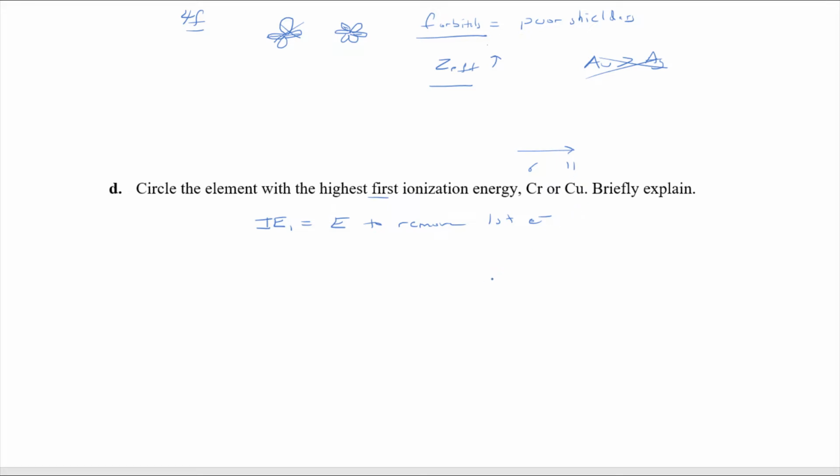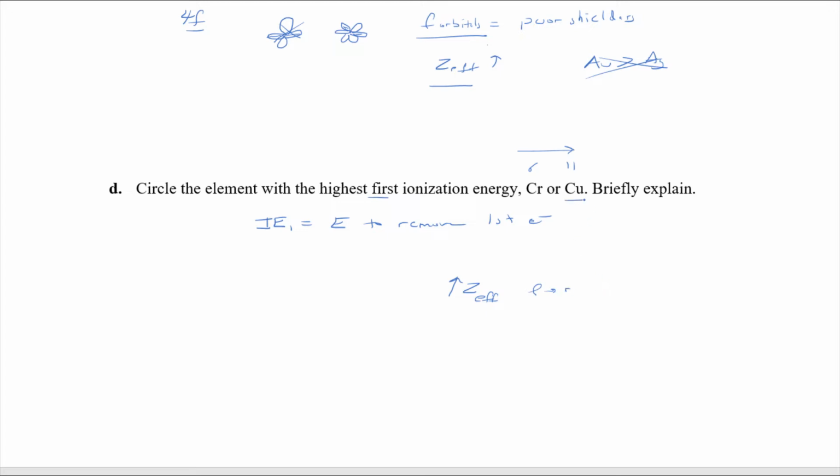You should remember that as you add protons, you're increasing the nuclear charge, and you're only adding electrons to the valence shell, and they're not very good shielders. Only core electrons are really good shielders, so you're not shielding very well. So the Z effective goes up as you go from left to right across a period, or a row of the periodic table.